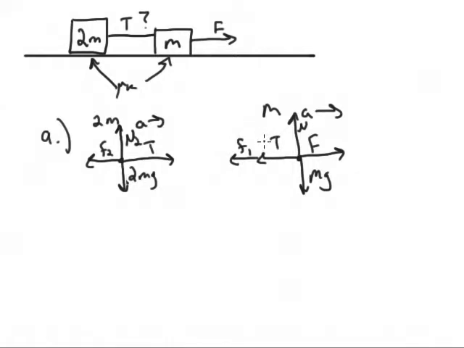B is, using a coordinate system such that the x direction is positive, apply Newton's second law, and write down two equations for each mass. So now we use our force diagrams. We'll do the x first.